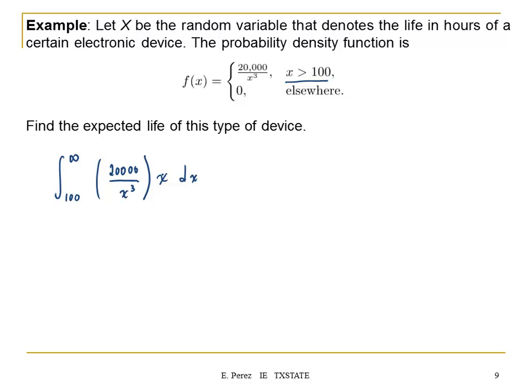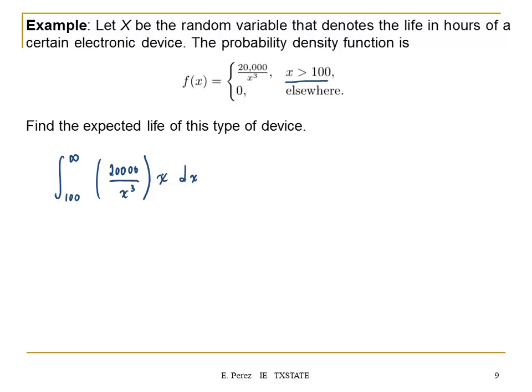You know why? You need to know the outcome of the random variable times the probability. Okay? Just like we did for the discrete case, we need to do that for the continuous. So this x is giving you the outcome of the random variable, and the function is giving you the probability, f of x.